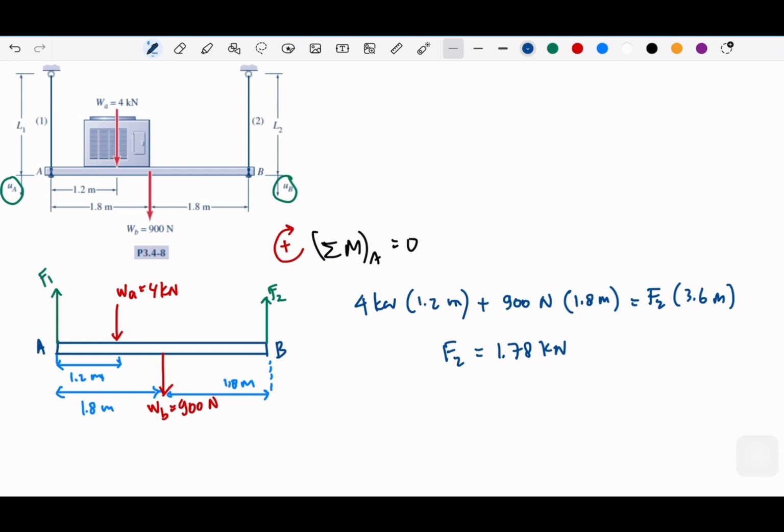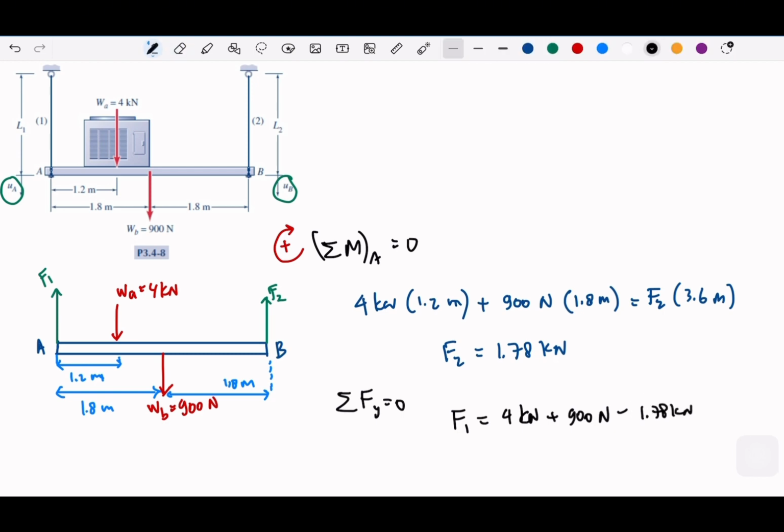To solve for F1, we can use the sigma F. Or if you want to use the sigma moment for B, it's also okay. You will get the same F1. But I will just use the sigma F. So F1 is 4 kilonewton plus 900 minus F2, or 1.78 kilonewton.